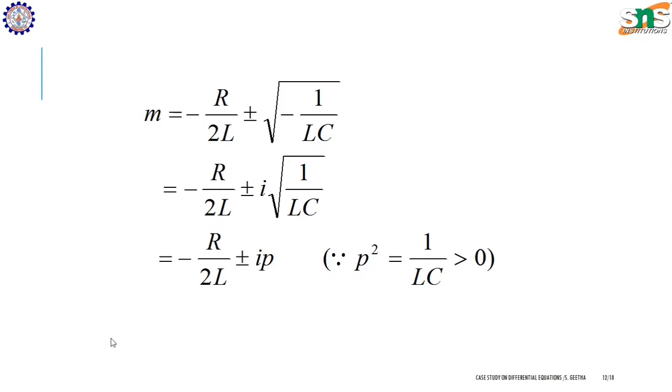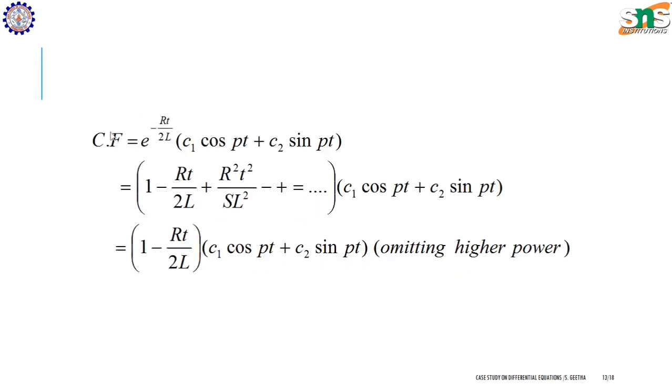So, the complementary function is equal to e power alpha x into A cos beta x plus B sin beta x. Using this, we get the complementary function is equal to e to the power of minus R by 2L into t, C1 into cos pt plus C2 into sin pt.